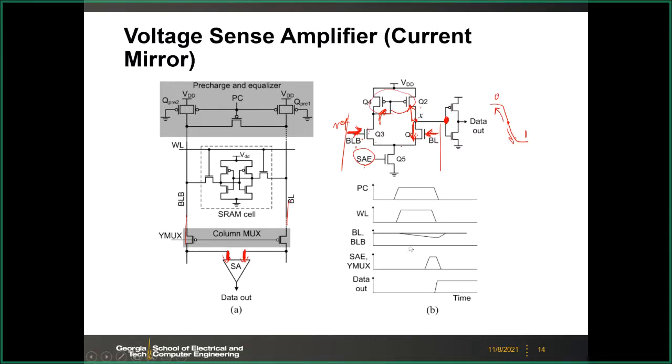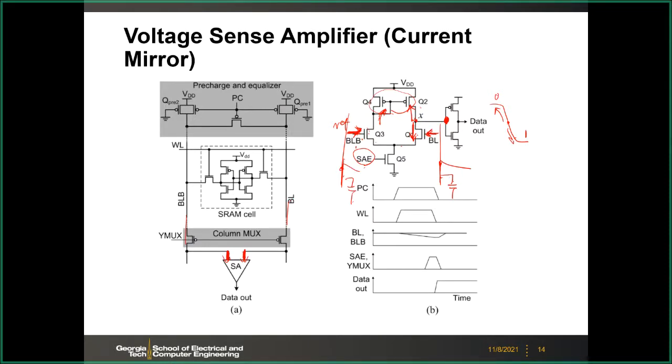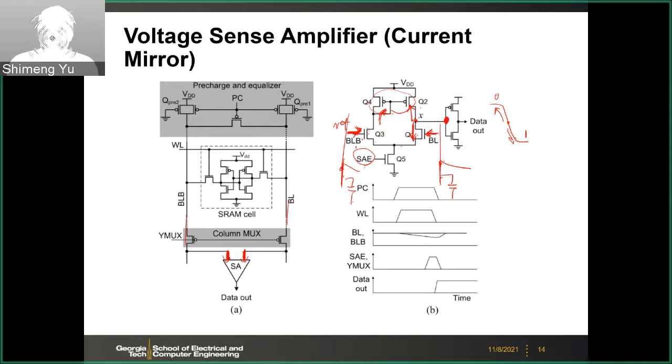And then this is the timing waveform. I will skip that. It's pretty straightforward. So basically, for the voltage mode sensing, what you will do is to pre-charge the bitline bar. So here you have bitline and bitline bar, or the reference. And this will have the parasitic cap, as we discussed earlier. So you pre-charge and let them decay depending on the current through the memory cell. If the current through the memory cell is large, then you will decay faster. The other side reference will decay slower, or it will not decay at all.